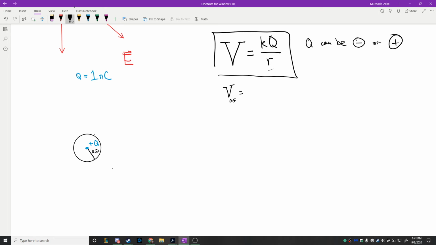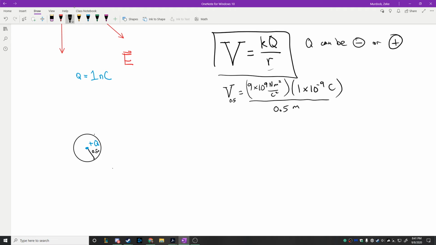Do you guys remember what k is? So k is 9 times 10 to the 9. Q is 1 nanocoulomb, so that's 1 times 10 to the negative 9. And we divide by r, which is 0.5. What's the answer? You should be able to do this one in your head if you just look at it.